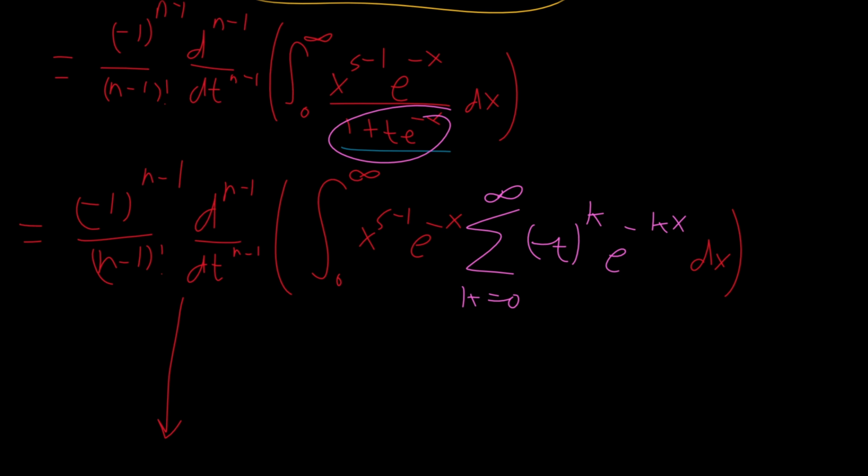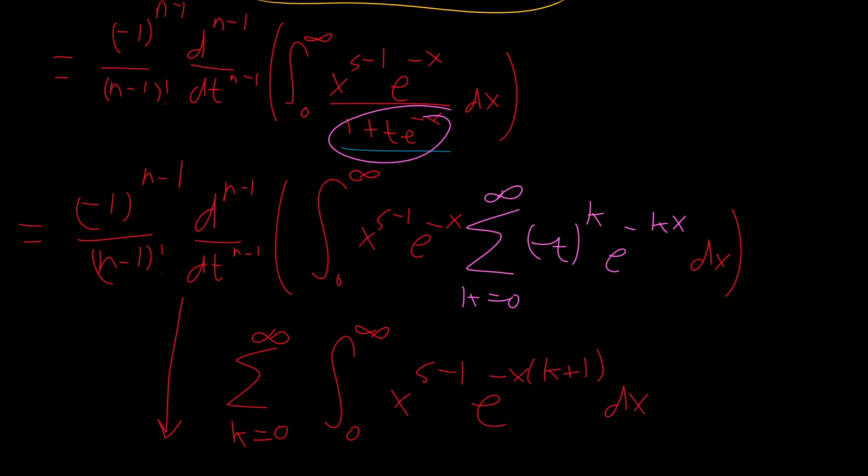So we still have our sum from k equals 0 to infinity. But now we have our integral, because this is the part we want to actually focus on and evaluate, times x to the s minus 1 e to the minus x(k plus 1) dx.